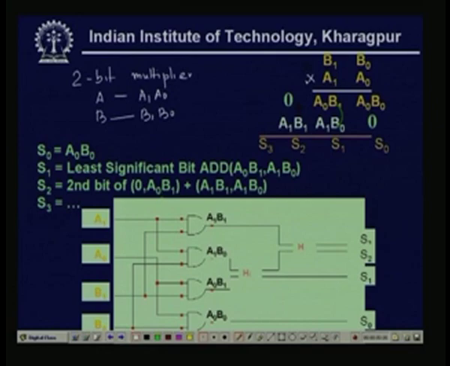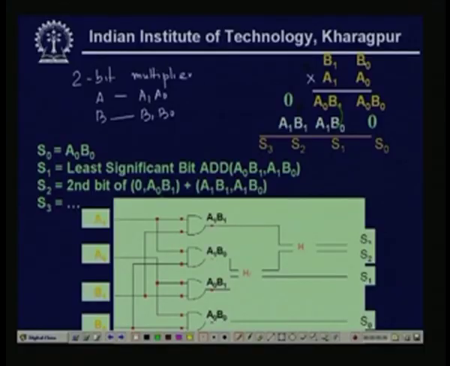From our simple multiplier rule, we will multiply in this way. This will be A0 B0, ANDed. Better we first compute the terms. The first term is A0 B0, the second term is A0 B1, then it will be shifted left by one place, a 1 bit shift, and the next terms will be A1 B0 and then A1 B1.